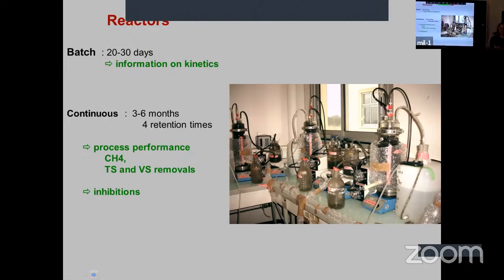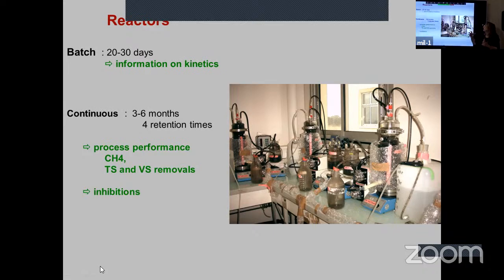I told you BMP tests give an indication of the maximum methane you can obtain from your sample. In real life, you will probably have less methane in a continuous reactor. You can carry it out in batch reactors where, like in BMP, you put all the sample at time 0, you close it, and you follow the biogas production.